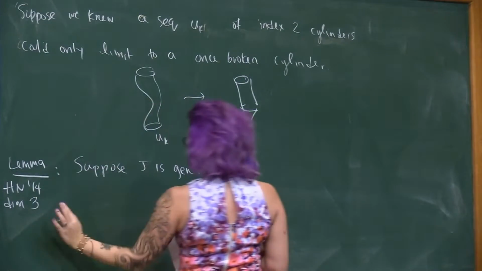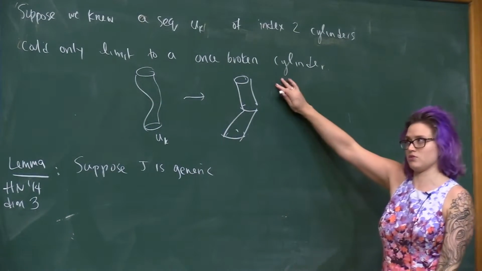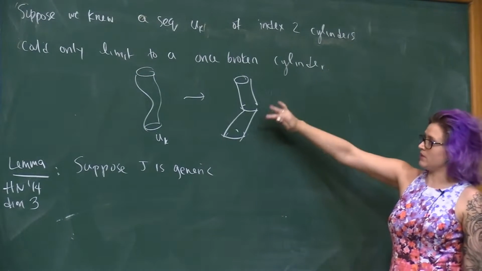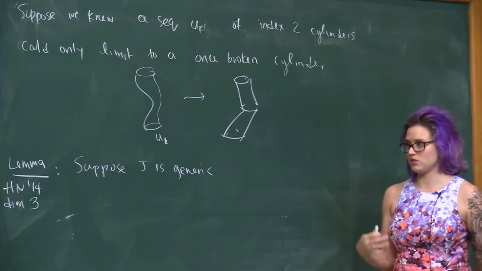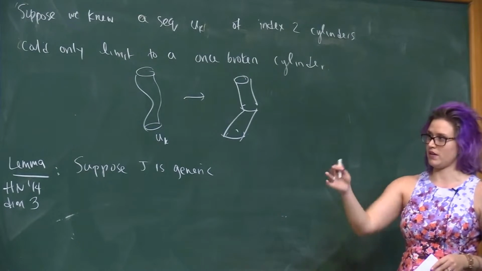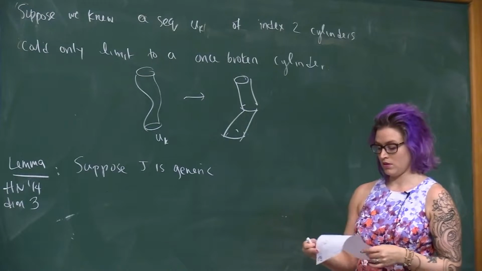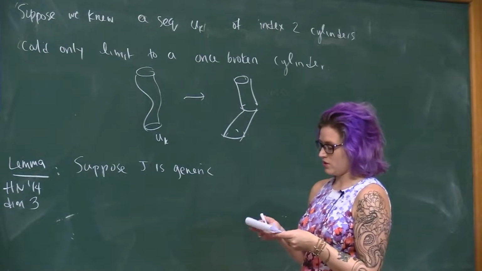But we can only prove it in dimension 3, because we can only prove that a sequence can limit in this way assuming dimension 3 and assuming this dynamically convex assumption about the grading on the contractible Reeb orbits. Okay, so suppose J is generic.